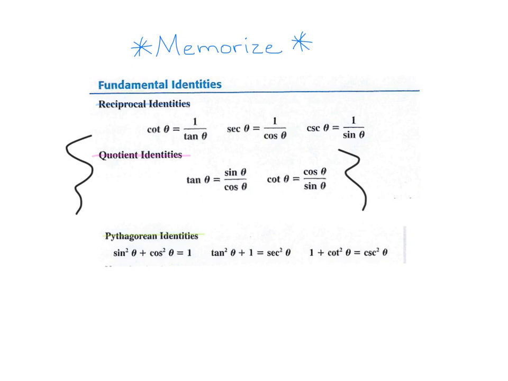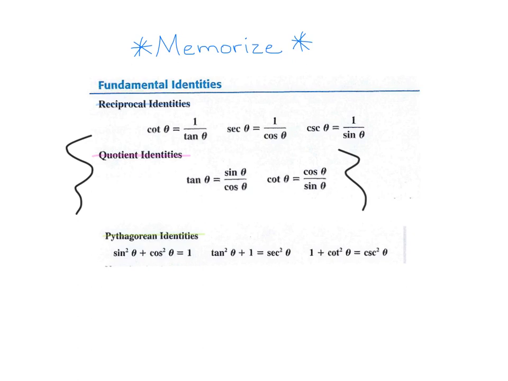So tangent of theta is sine of theta divided by cosine of theta, and cotangent of theta is cosine theta divided by sine theta. Now, in the problems that we're going to be simplifying today, you're going to be seeing the variable x in place of theta. Just know that x is the angle measure. Theta is just the angle measure.